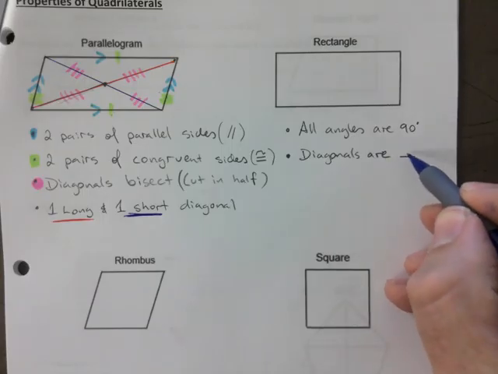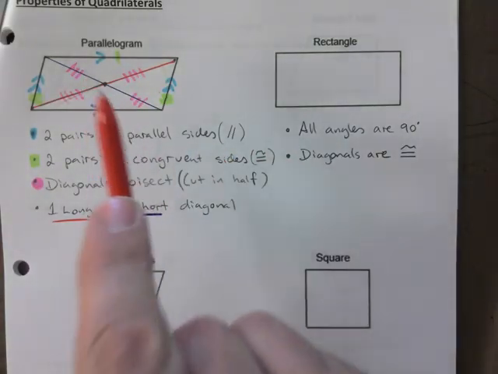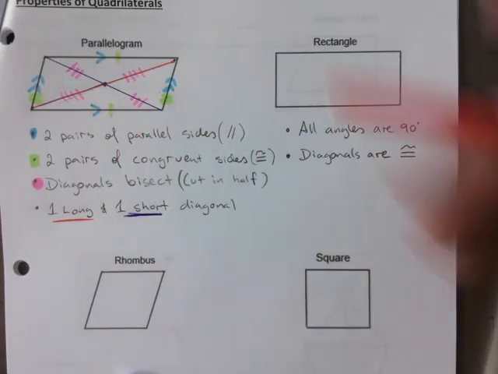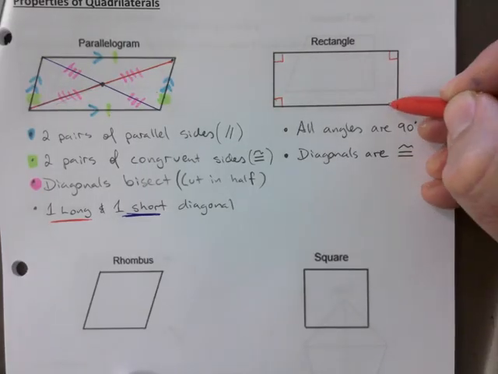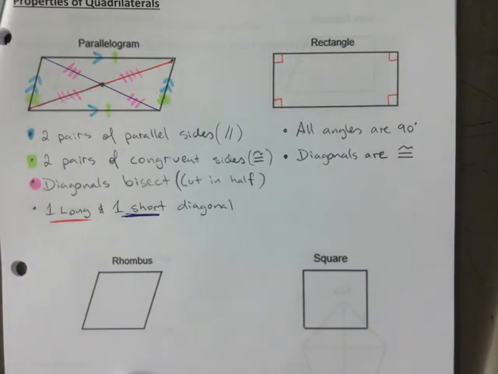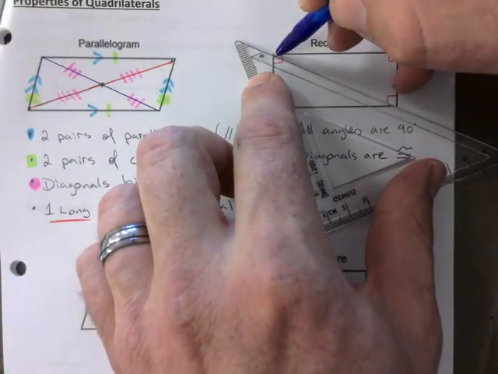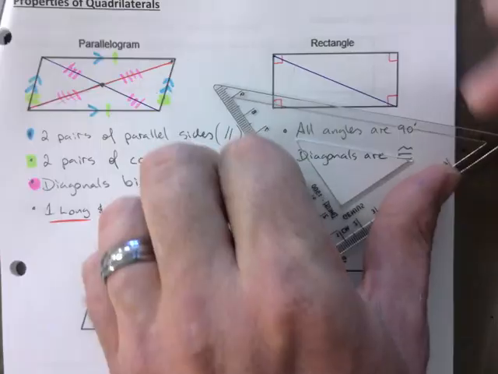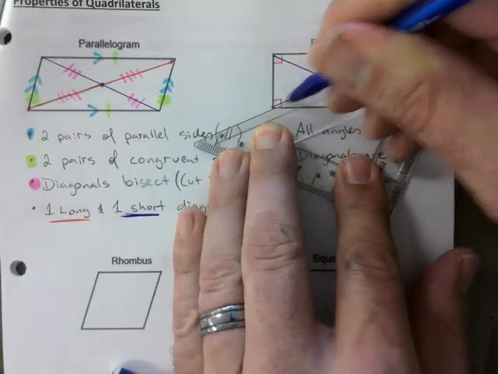They are congruent. So if you wanted to make a change, how do you make a parallelogram into a rectangle? You ensure that there's 90s in the corners, and you make sure that the diagonals are the same. So blue and blue, right? I'm going to use the same color because I'm telling you that they measure the same.